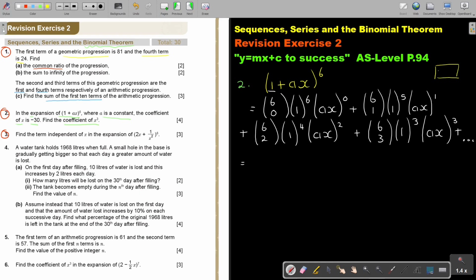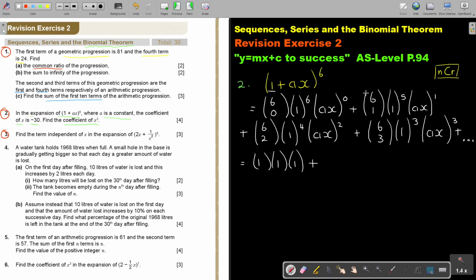So it's N, C, R. That's the key on the calculator. So if you want to press this on the calculator, you're just going to press 6, then that NCR, and then 0. And your calculator is just going to tell you it's 1. So your first term is just 1.